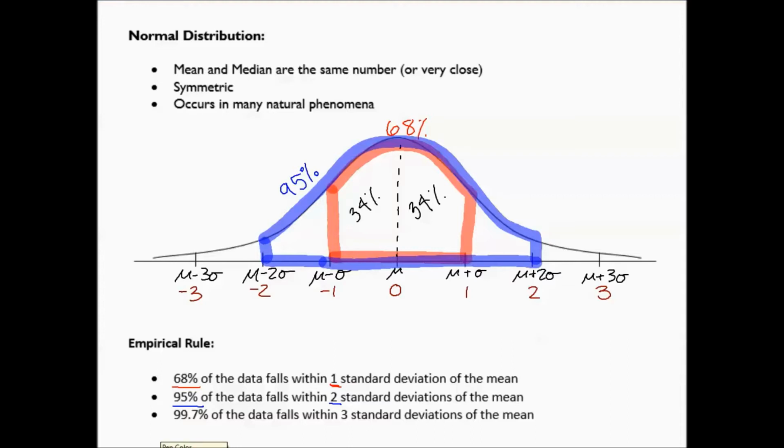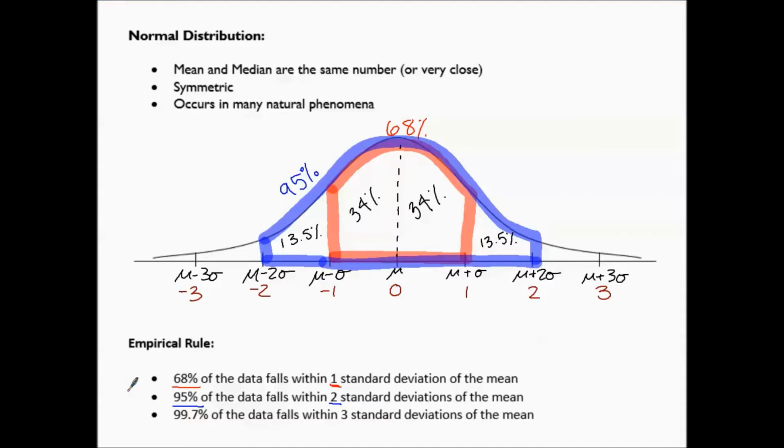And if you do the math, subtract out the 68% that's in the middle and then divide by 2, that means that each of these sections between -2 and -1 and between +1 and +2 account for 13.5% of the data.